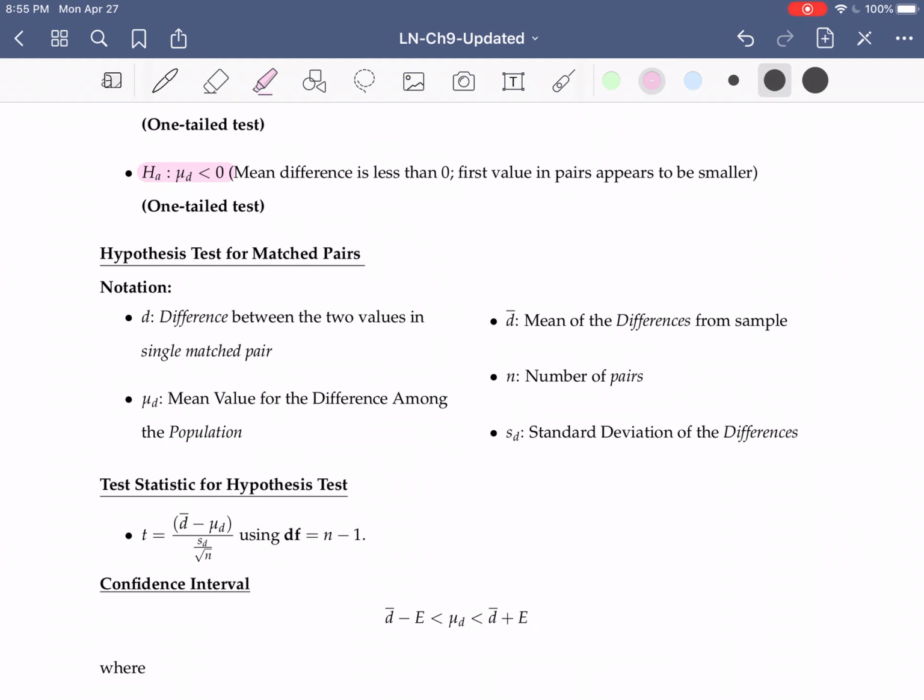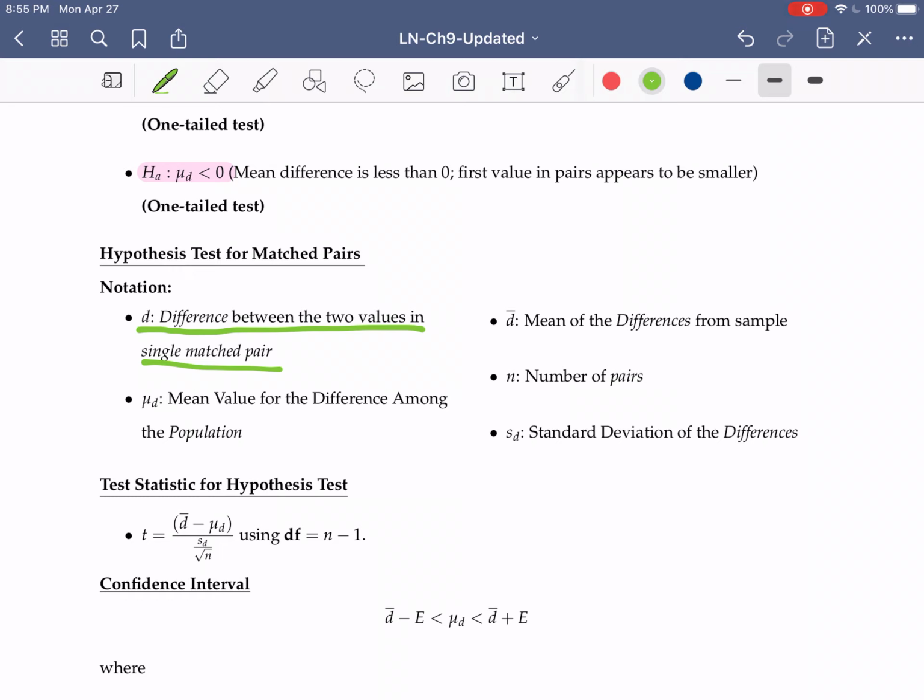For our hypothesis test for matched pairs, the process is really to deconstruct this into something like a mean hypothesis test like we had before. That's why we're taking the differences, and so D is the difference between two values in a single matched pair.